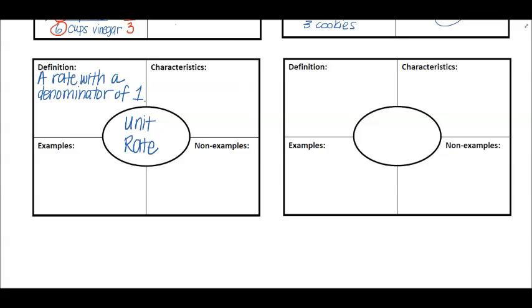And so we use unit rates a little bit more than we would talk about rates in general. So let's look at some examples. First example is 60 miles per 1 hour, or more familiar to you, we might write that as 60 miles per hour, but this is a unit rate because it's talking specifically about 1 hour.